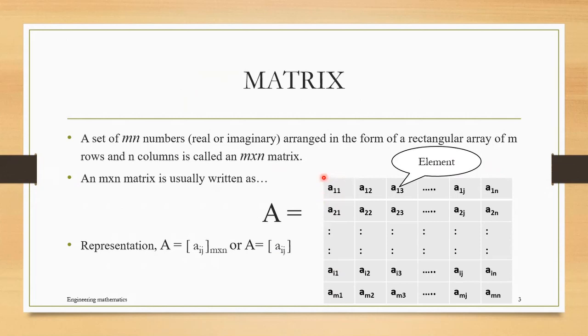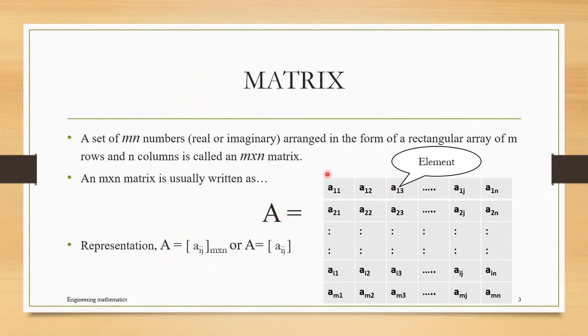We can represent this whole thing as A11 to AMN. The individual parts inside are called elements of the matrix. A11, A12, A13 are all elements.